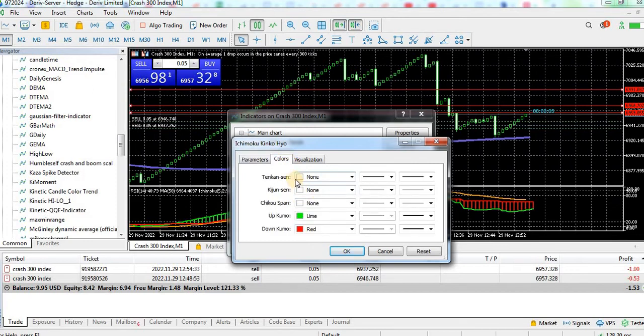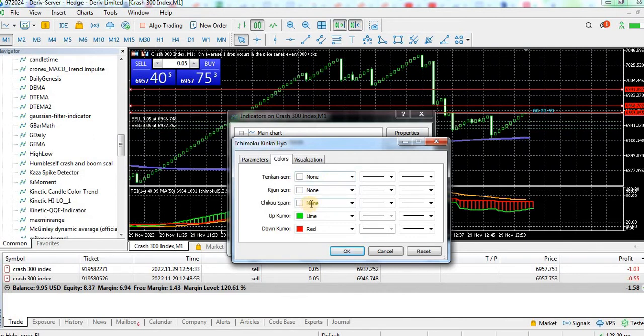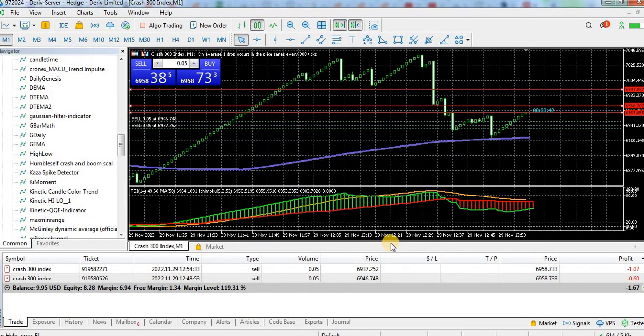So then we don't need Tenkan-sen, Kijun-sen, Chikou span. We only need the upper Kumo and the lower Kumo. The upper Kumo, you pick your style, lime or green color, any color. Then the lower Kumo, red. So that's that. Are you getting it?